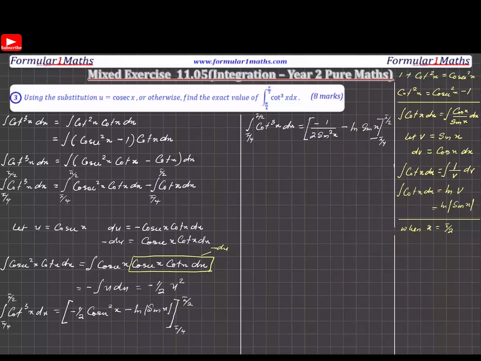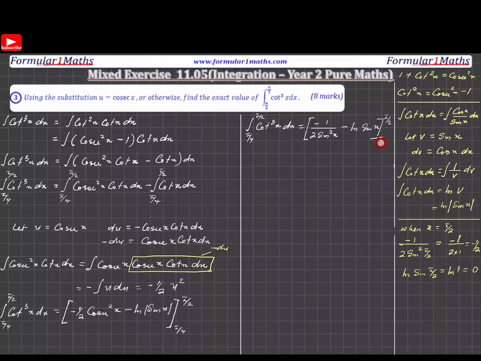So I'll have minus 1 over 2 sine squared pi on 2, and that will be equal to minus 1 over 2 times 1, which is minus a half. And then this second term here will be ln sine pi on 2, and that is ln 1, and ln 1 is equal to 0. So that is for the upper limit.